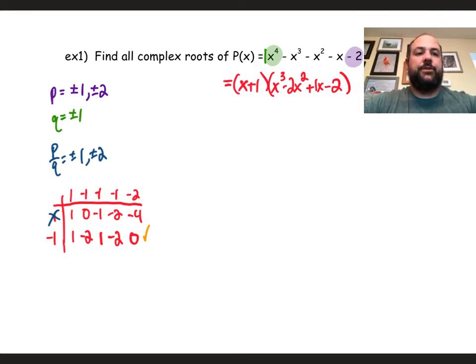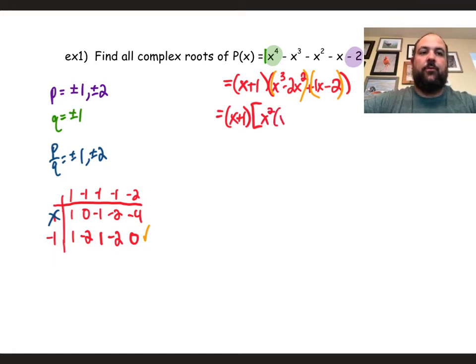So I'm actually going to put parentheses around the first two terms and the last two. Now I would still have the x plus 1 out in front, and change this to brackets, because out of my first set of parentheses I can factor out a GCF of x squared, and the leftover would be x minus 2.